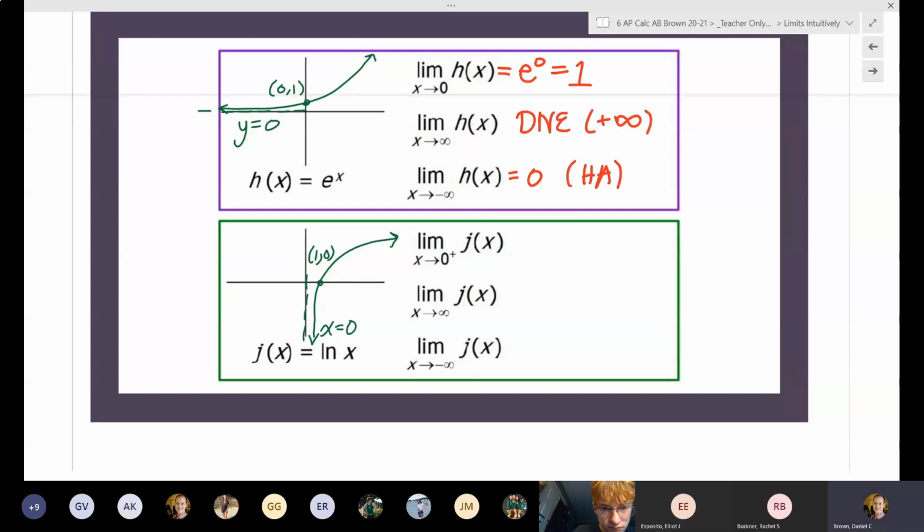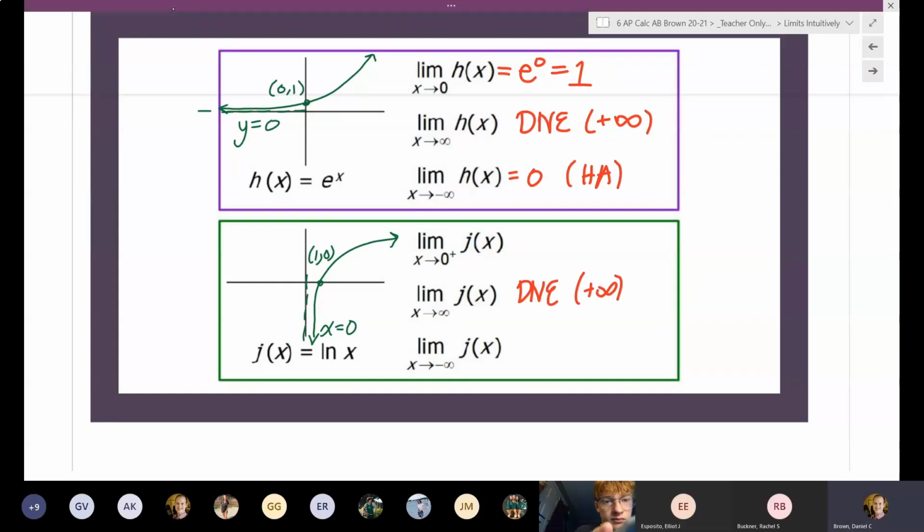Now for the natural log. I'm going to do the easy parts of the natural log first. The limit as x goes to infinity is still going to be DNE. This graph is increasing forever, so it is going to be DNE. I did want to talk about the other two because they're special cases for the natural log.